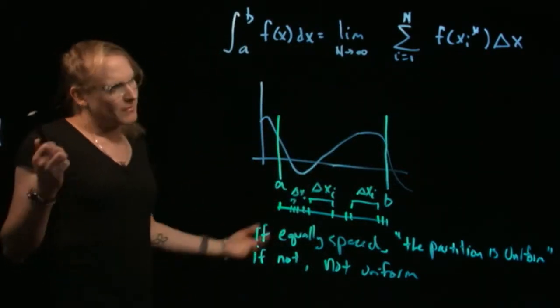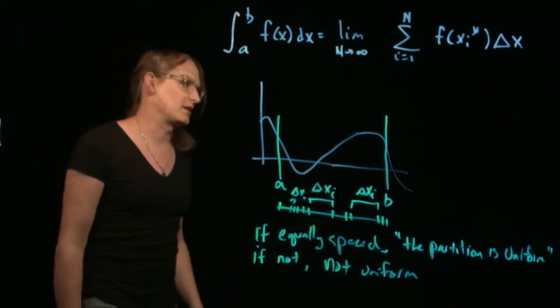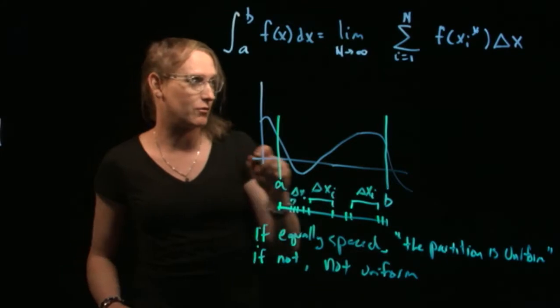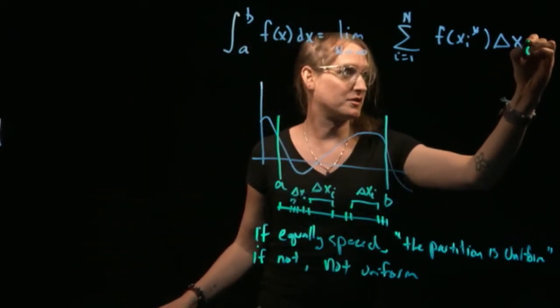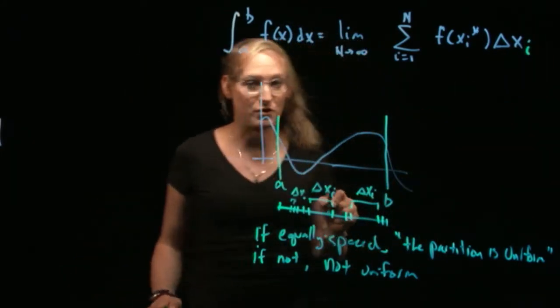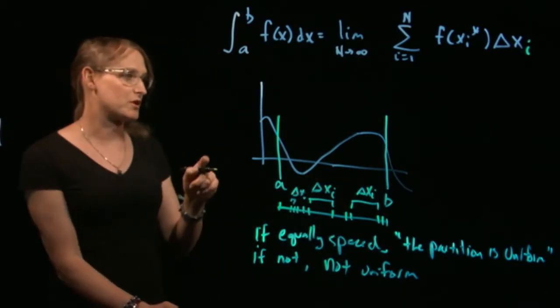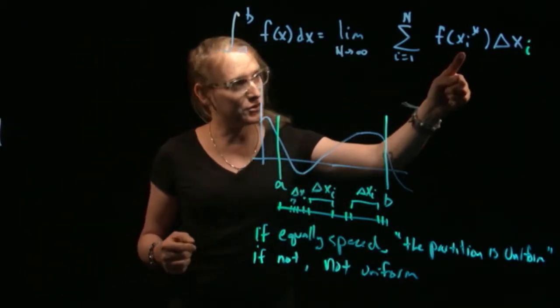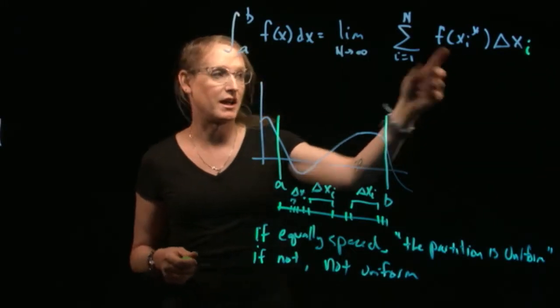And that's annoying because it's not flexible. So the change that I want to make right now is to put a subscript on my delta x, so that it's the width of the interval that this x sub i came from.